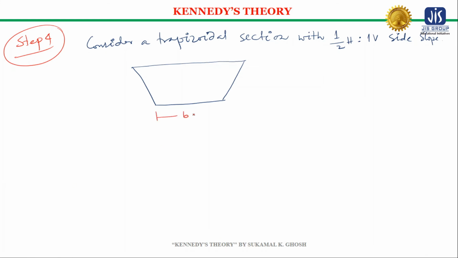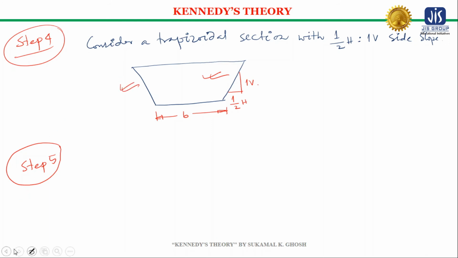This width is b and the side slope is 1/2 horizontal and 1 vertical. Now what was our step 5? Now we need to derive an expression for the cross section area for this particular cross section. If you recall, I asked you to remember the expression for the area of this cross section.